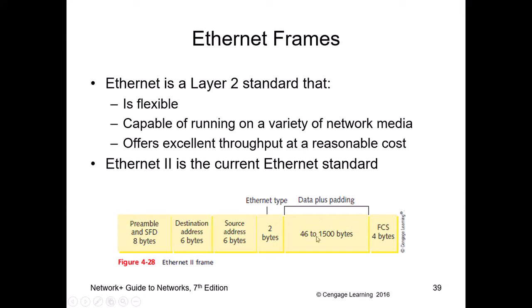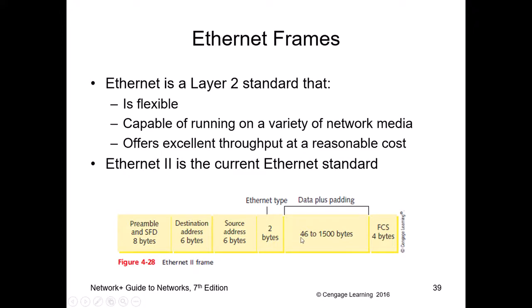This right here is the data. The data is the layer 3 packet, right? The maximum packet size can be 1,500 bytes. The minimum is 46. I hope you're writing all this down. If the packet is less than 46 bytes, you pad it. That's why you call it padding, if you need it.